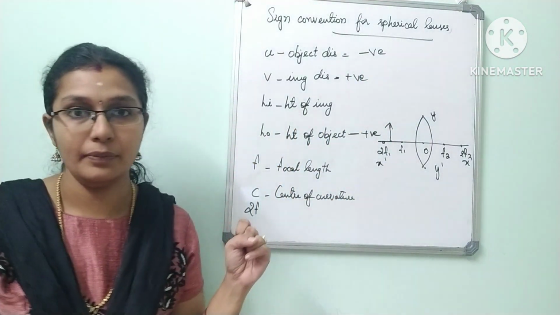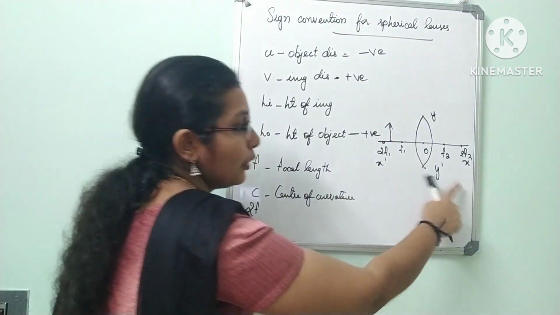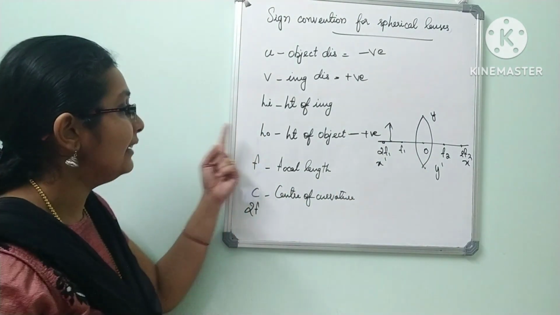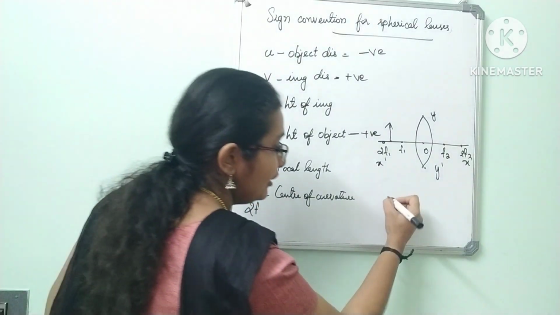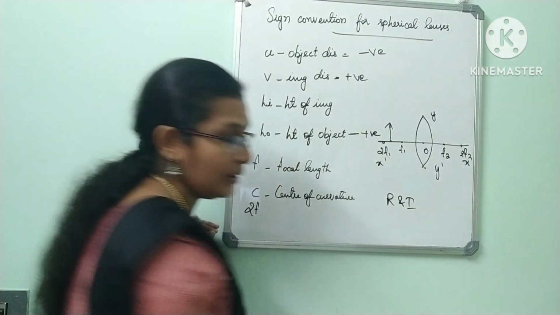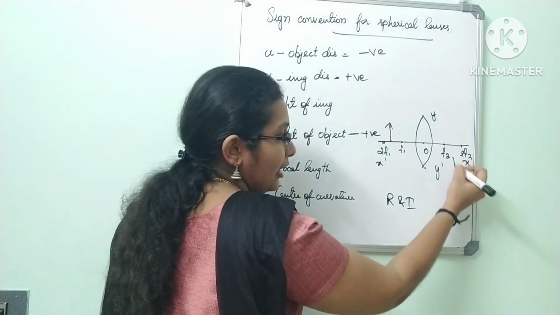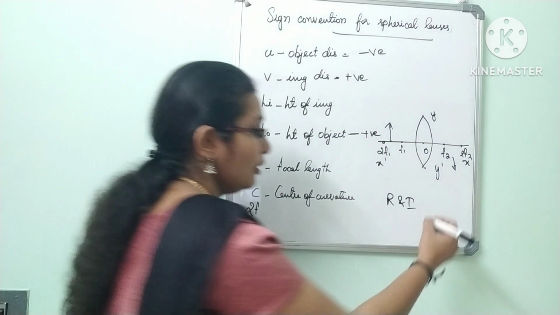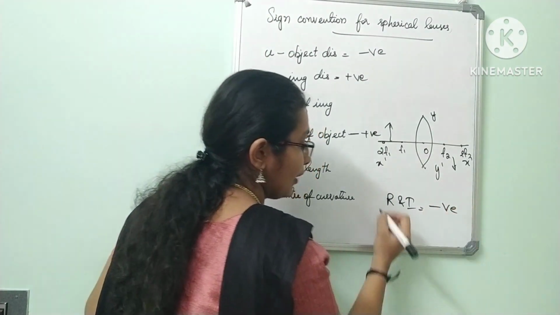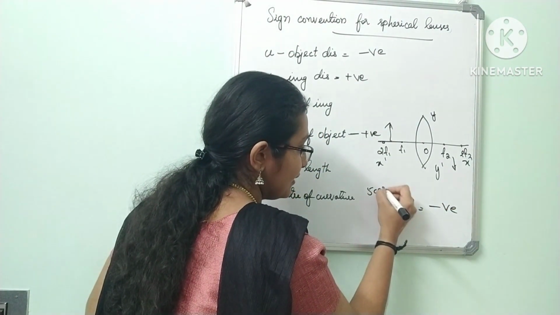Here it is positive, because the image is formed on your right hand side. And height of image. For the first 5 cases, your image will be real and inverted, right? Inverted means the image will be formed here, along Y dash, right? So it will be negative for the first 5 cases.